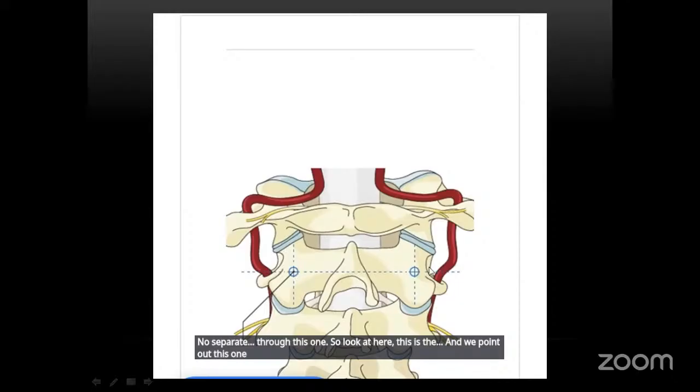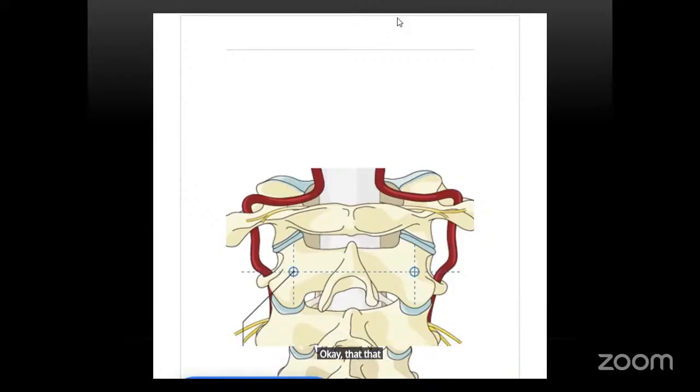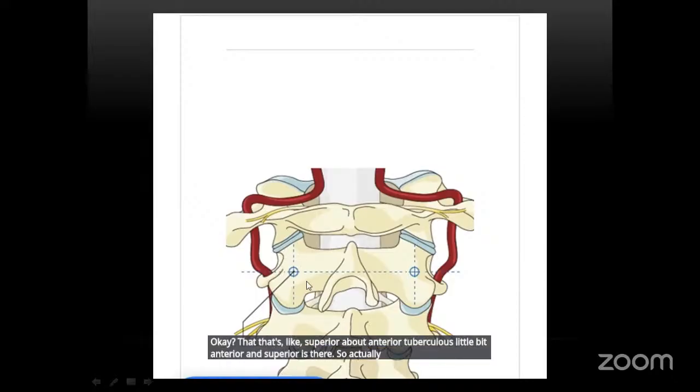Two lines are made. What will the trajectory be? The trajectory will be towards the superior side, and some say towards the anterior tubercle most likely. The anterior tubercle is a little bit anterior and superior. So there is one screw entering into C2 and going with the help of the facet joints towards C1.